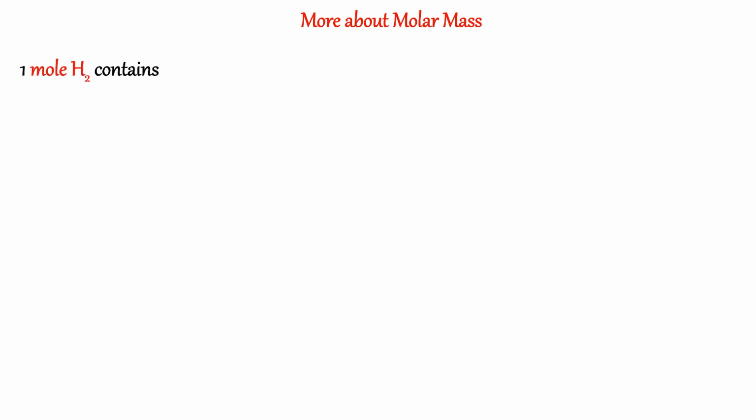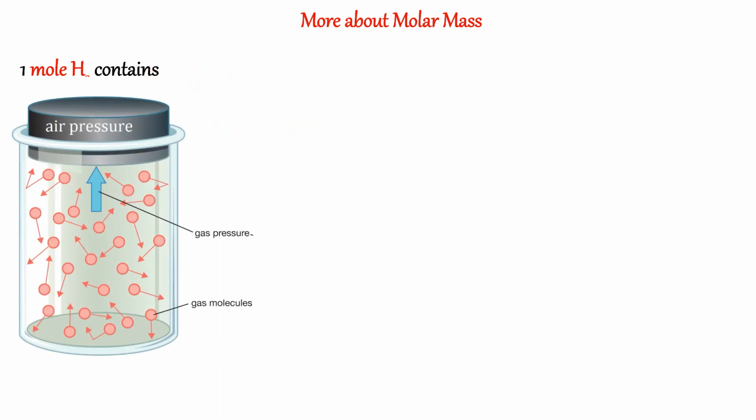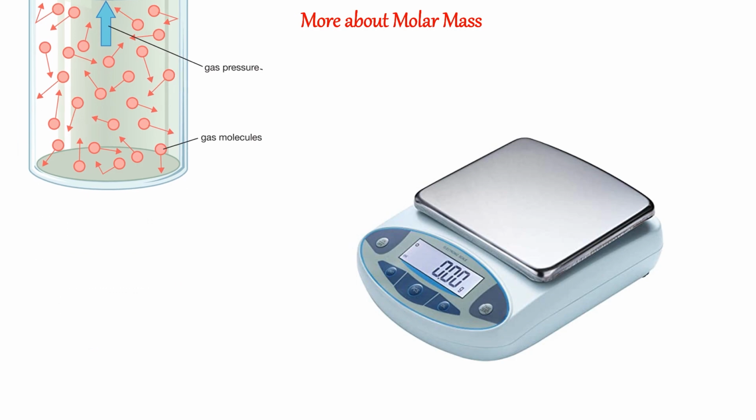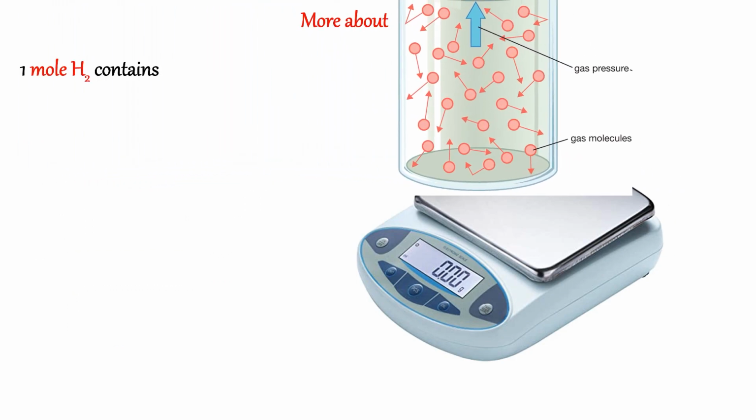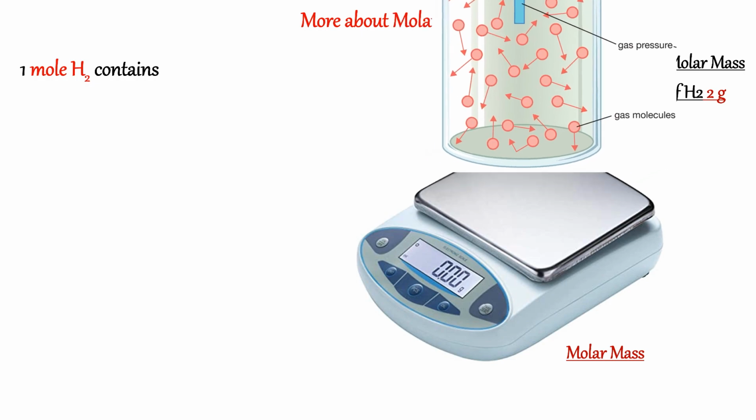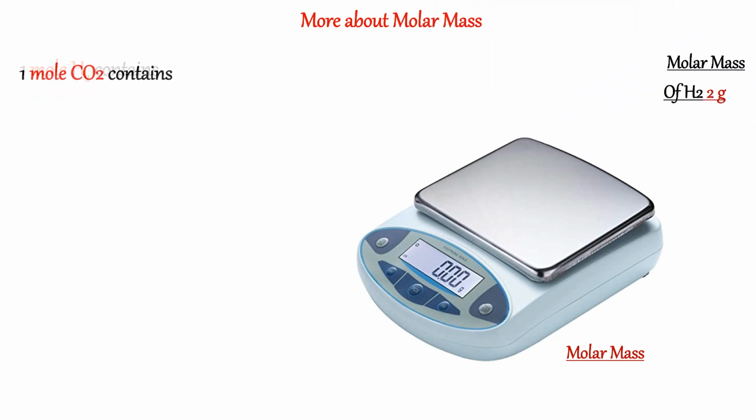More about molar mass. 1 mole hydrogen contains Avogadro number of hydrogen molecules. If this is placed in a container, this is molar volume. And if you measure its mass, you are measuring mass of 1 mole substance. This is molar mass. Molar mass of hydrogen is 2 gram. And if this is 1 mole of carbon dioxide, this is Avogadro number of molecules.